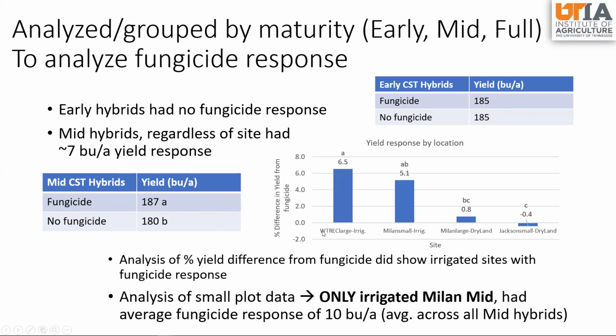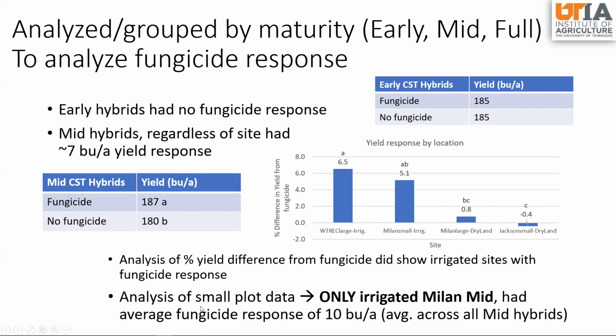And so particularly here, where we have our large irrigated strips in Jackson at the research center, as well as our small irrigated plots in Milan, that's where we had the higher percent yield response to a foliar fungicide, from 5.1 to 6.5%, versus none on our dry land.